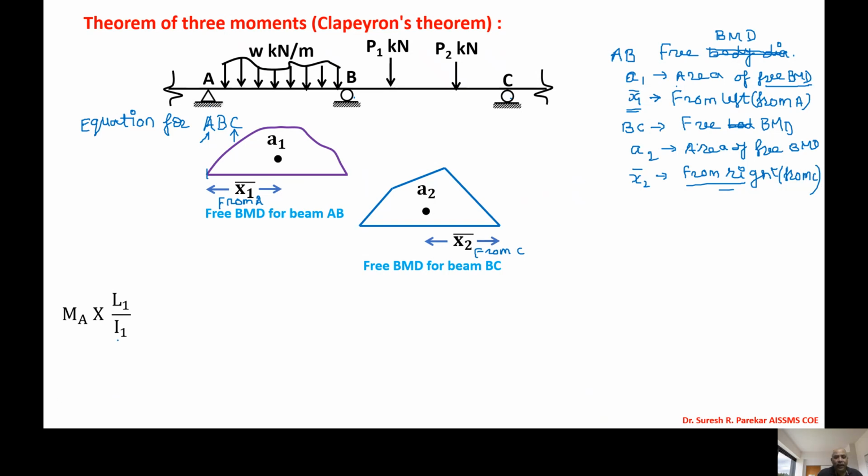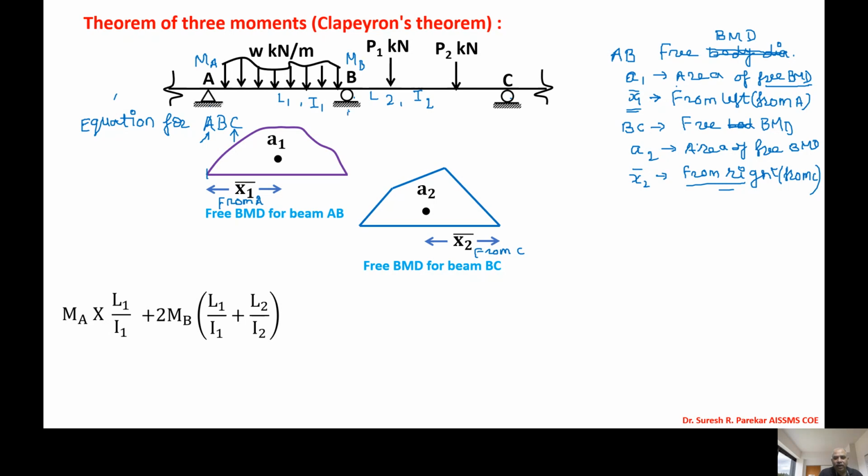So we have MA into L1 upon I1, where L1 is the span of this and I1 is the moment of inertia of this, plus 2 MB, where MB is the moment at B, into L1 upon I1 plus L2 upon I2, as this is common for both spans.